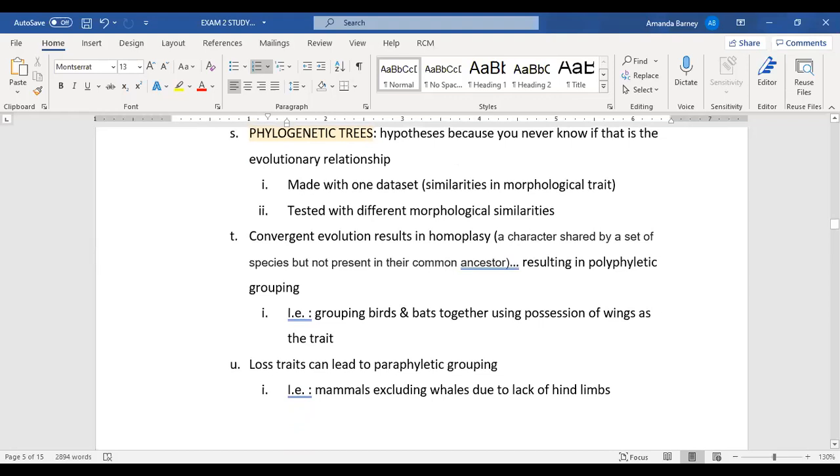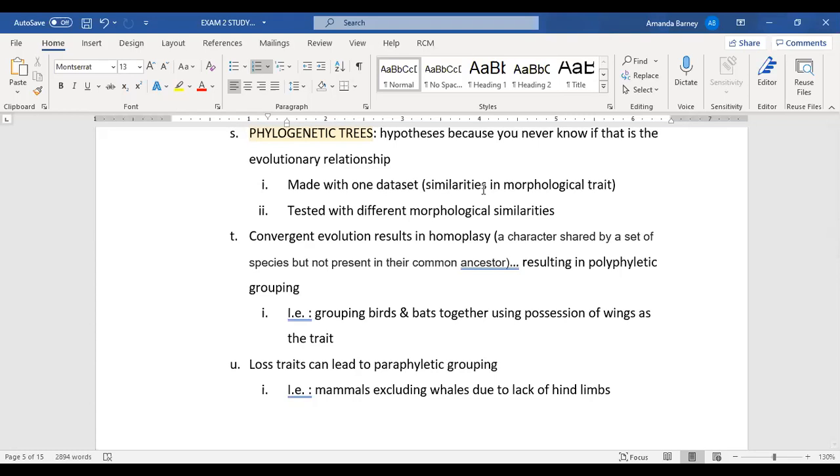This is made with one data set. So you're looking at morphological traits, similarities in observable traits or similarities in DNA traits, or different things that they base the phylogenetic tree on, but then those are tested against other morphological similarities. I think the good example, we'll talk about it again, is the birds and the bats.